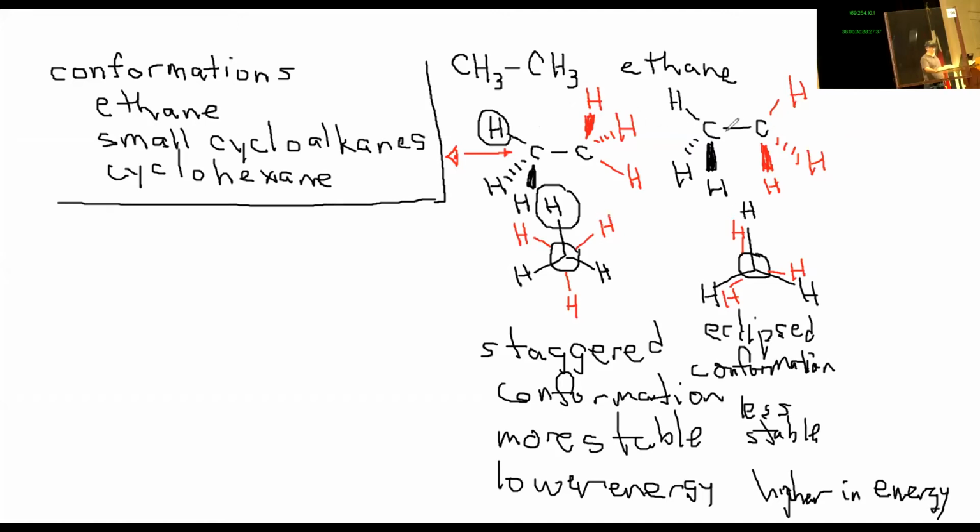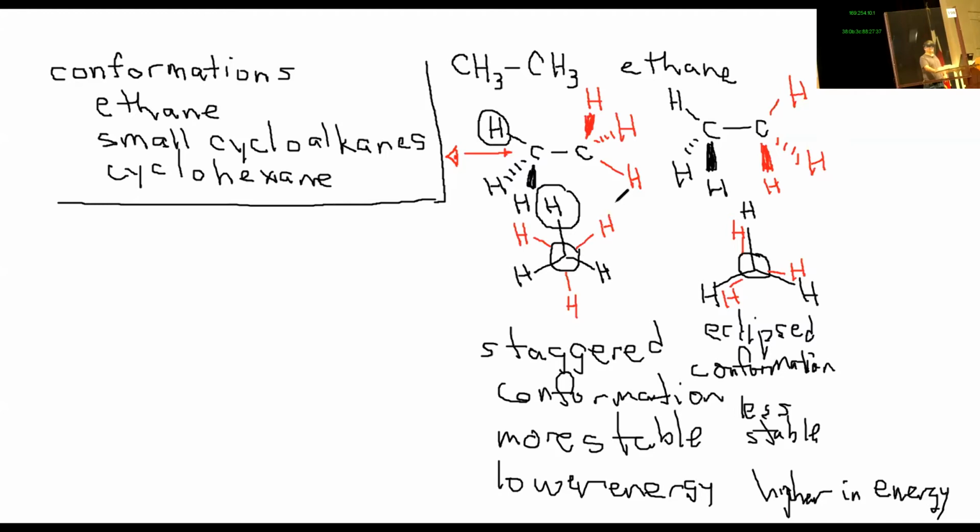These first drawings are just standard structural drawings with wedge and dot bonds. That's nothing new. We've seen those before. These things here are called Newman projections, and they're just another way of expressing the same thing. Neither of these is any better or more right or safer than the other. They're both fine, and there are other ways besides this to show this distinction.